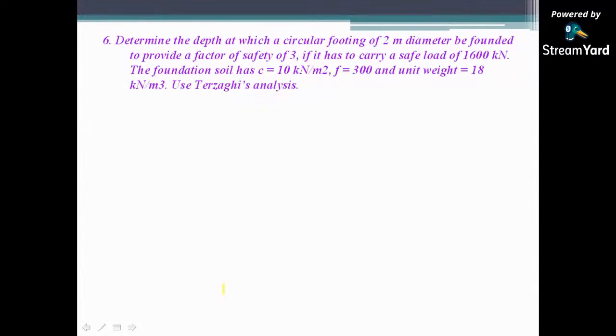Alright, now the sixth problem. Determine the depth at which a circular footing of 2 meter diameter be founded to provide a factor of safety of 3, if it has to carry a safe load of 1600 kilonewton.